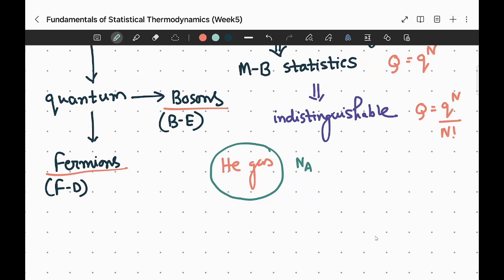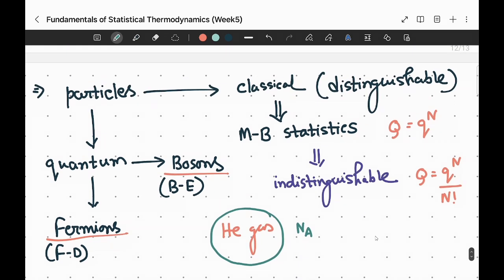What I have said is that classical particles are distinguishable because each has a perfect fixed trajectory, and following that trajectory you can identify the particle. But when there is a huge number of gas molecules, all moving very fast, you know the velocity of gas molecules is very high, in that condition you can't distinguish those molecules. Let's say you have 10 identical balls moving, then you can always track them.